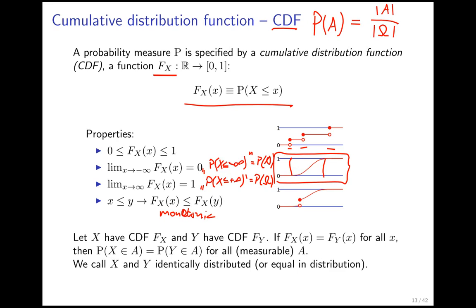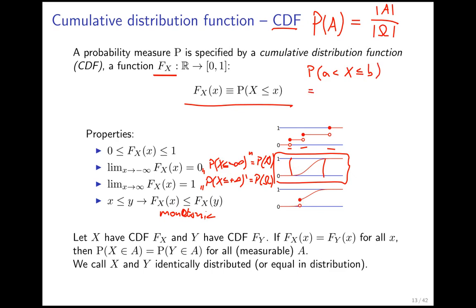Now, we have just defined one particular probability, namely the probability that X is smaller or equal than x. Well, how do you create other probabilities? Well, we can look at one very simple example. For example, we want to know the probability that X is in the half-open interval between a and b.